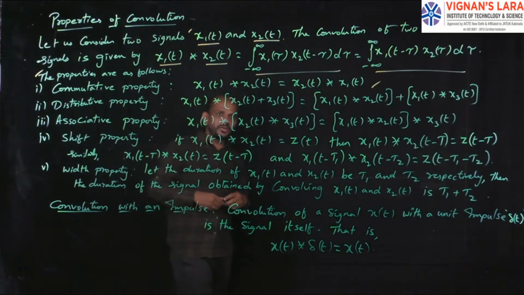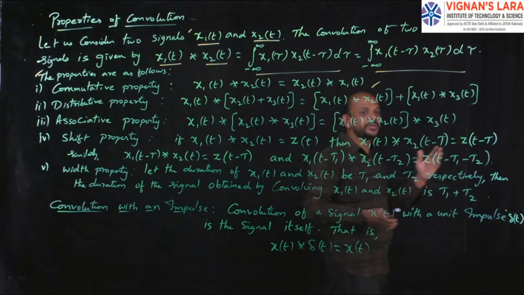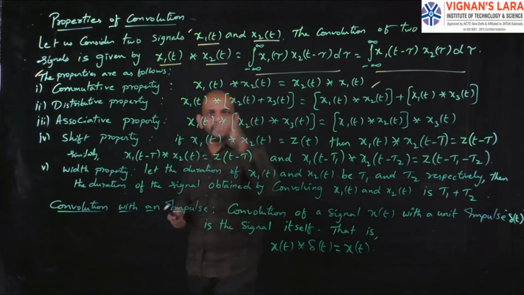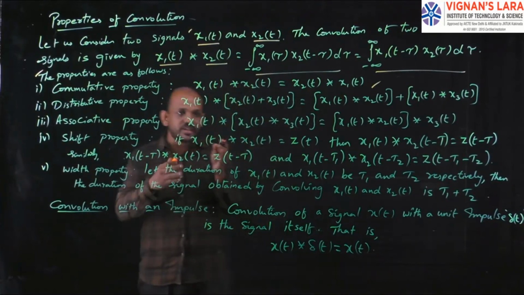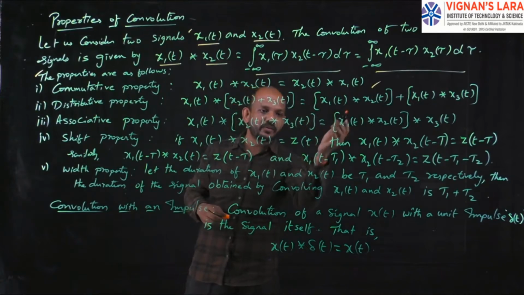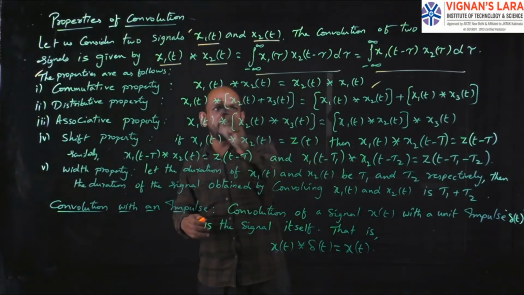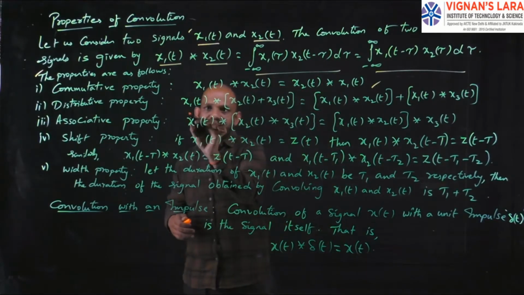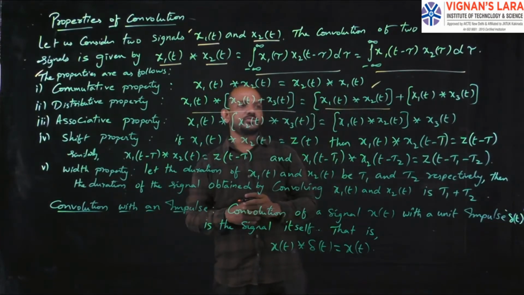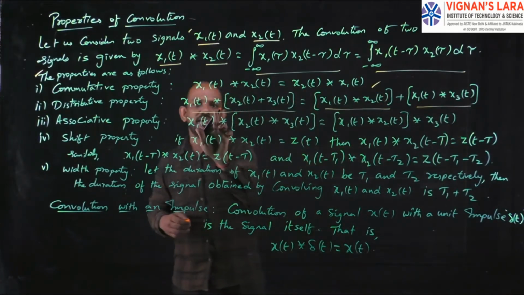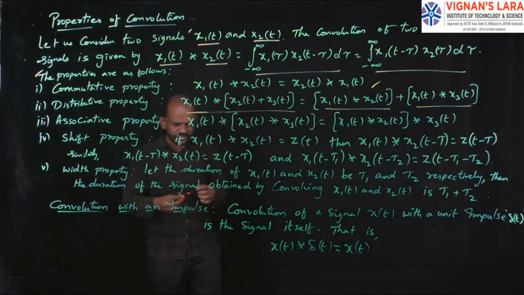Next, the distributive property. We all know that a into (b plus c) is equal to a into b plus a into c. The same way, apply that to convolution.